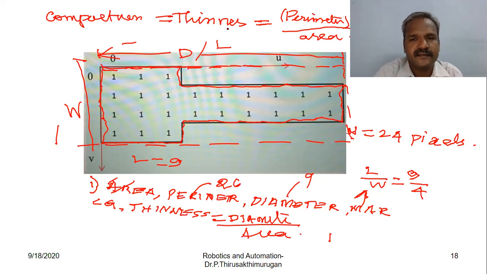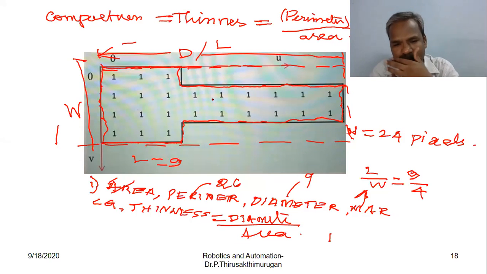Thinness: perimeter square by area, 26 square by 24, gives compactness. Thinness as diameter by area is 9/24. So please calculate the values for each and every parameter.